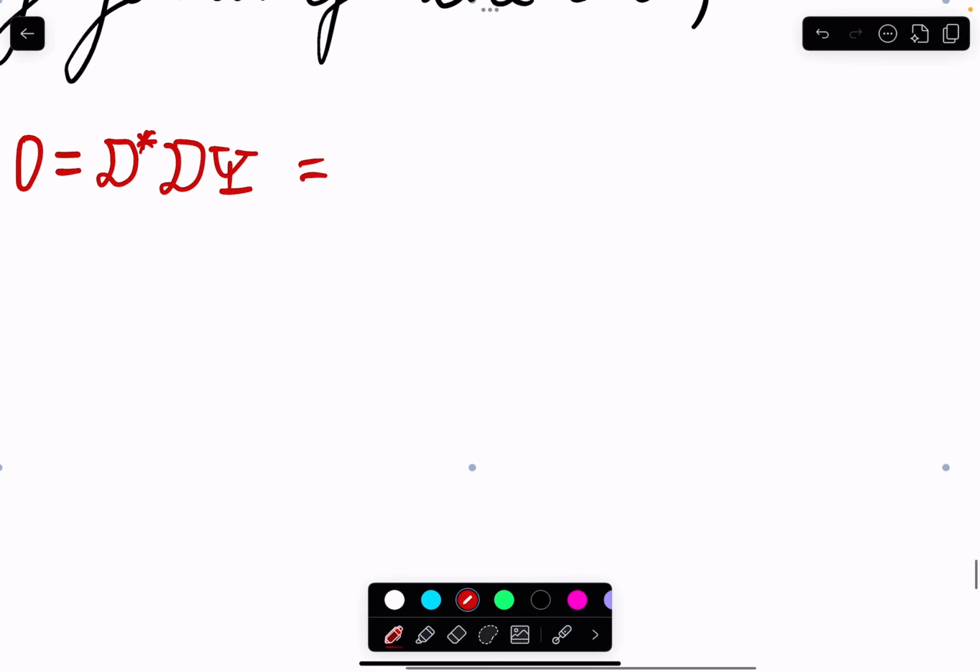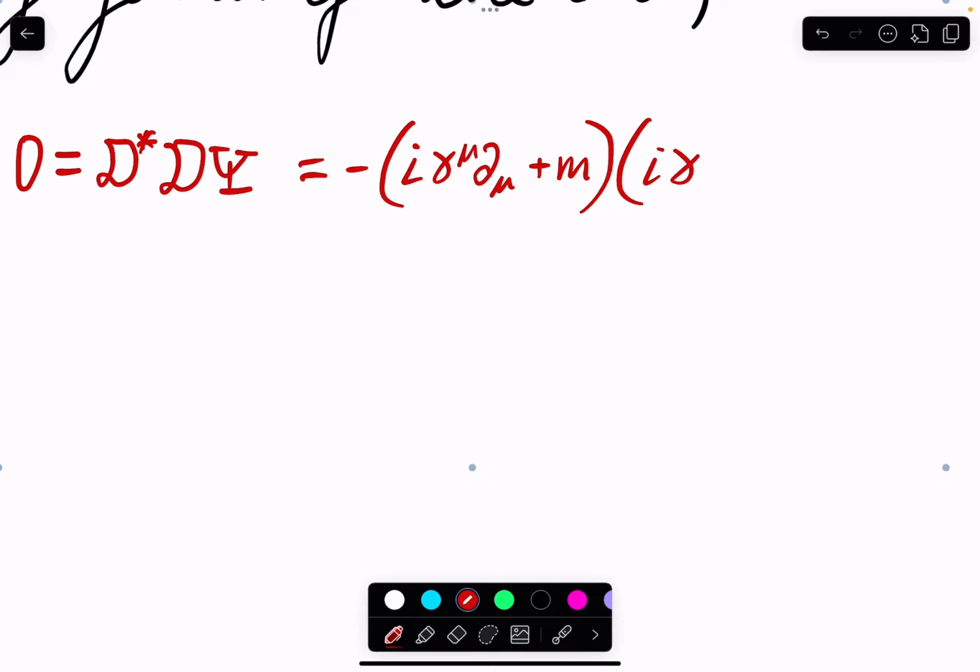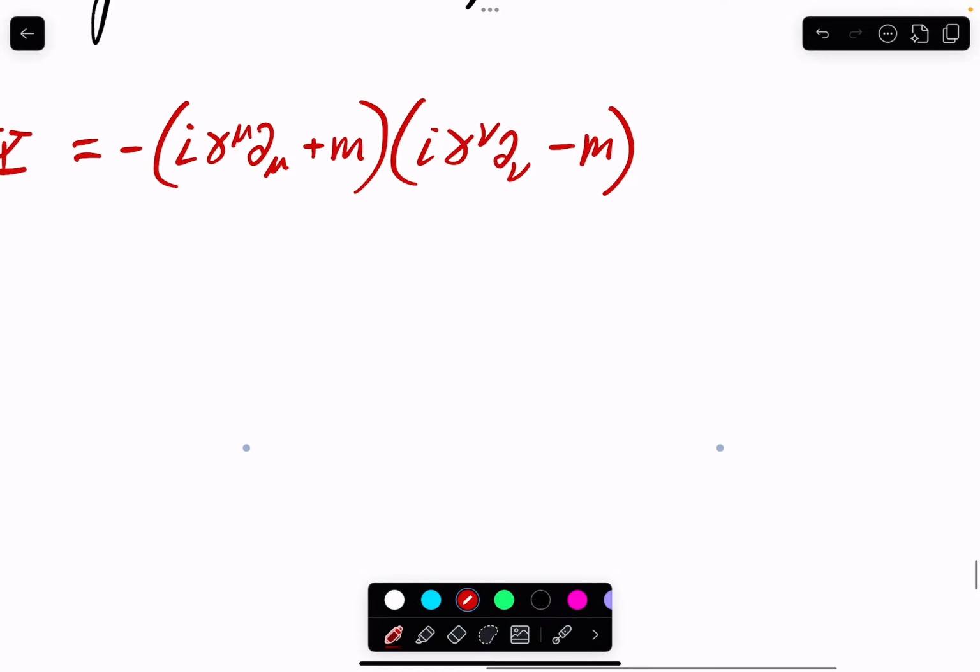And if we expand this outward, then we end up getting a negative sign in front of the entire thing here, plus m, and then an i gamma, and then we have to say, because they're interacting via multiplication, that these indices are different. And then minus m, and then times the Dirac spinor.